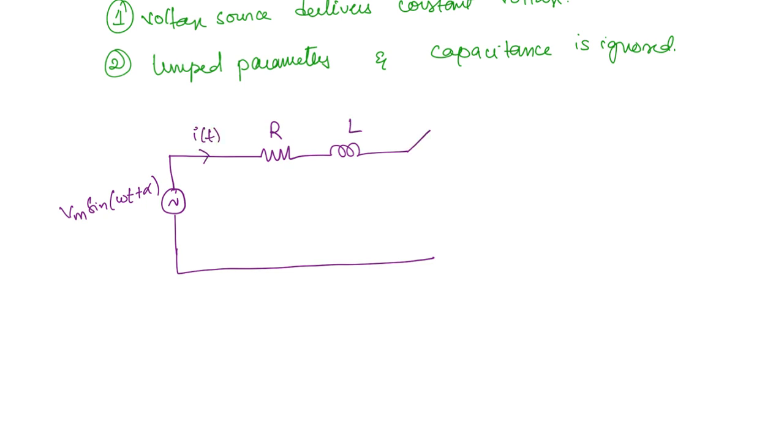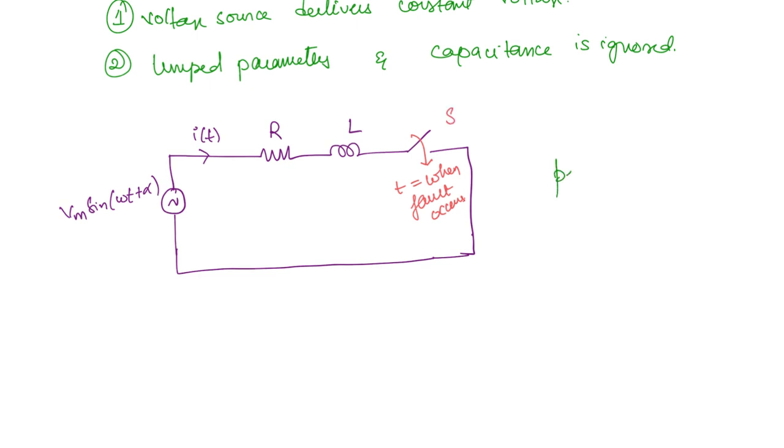Here you can take a switch, and there is a short circuit here. Normally it is unloaded, right? Unloaded transmission line. So this switch will be closed when the fault occurs. When the fault occurs, that is the instant when the switch is going to be closed.